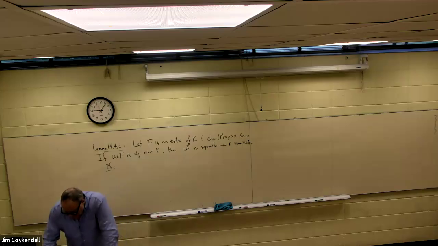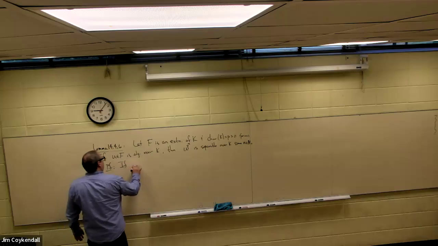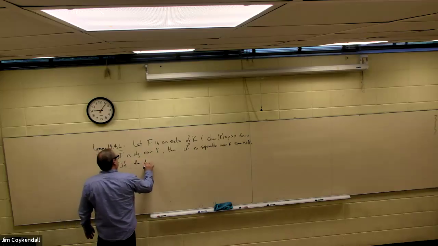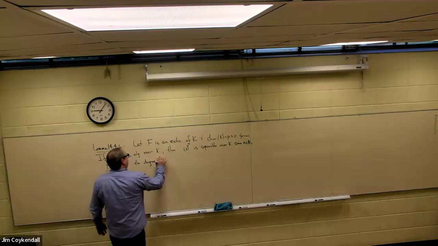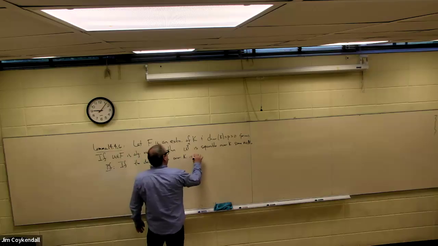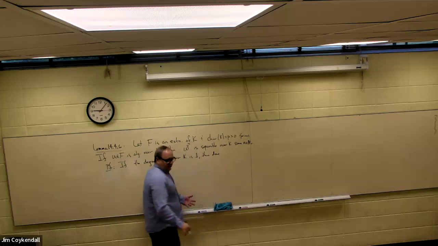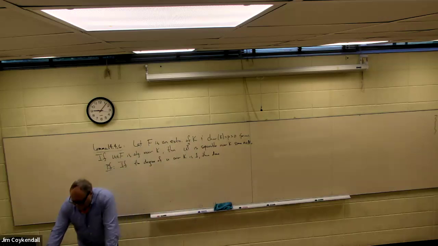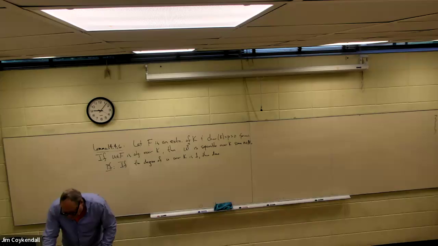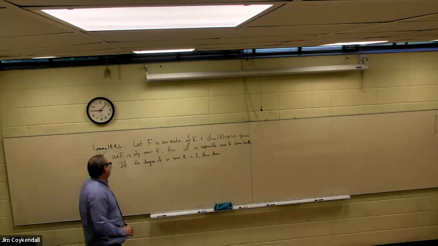Proof of this. If the degree of u over K is 1, then we're done, because it's already in K and it's already separable. Now suppose that f is the minimal polynomial of u of degree greater than 1.